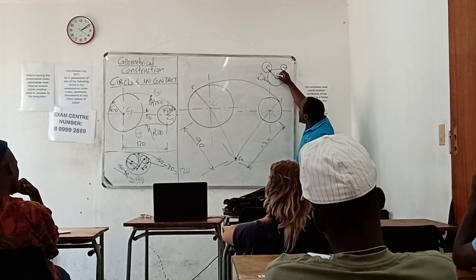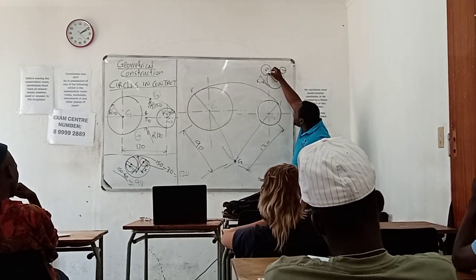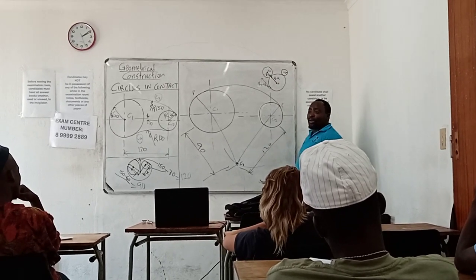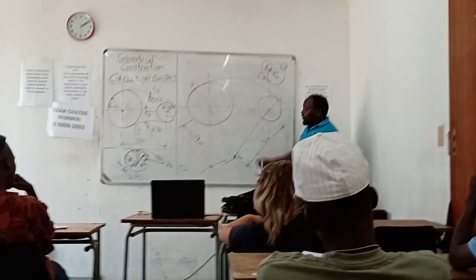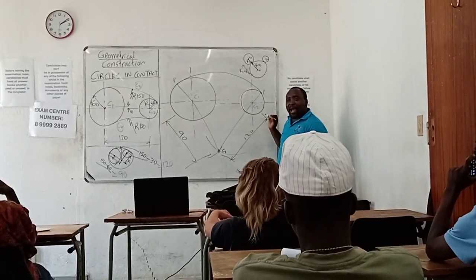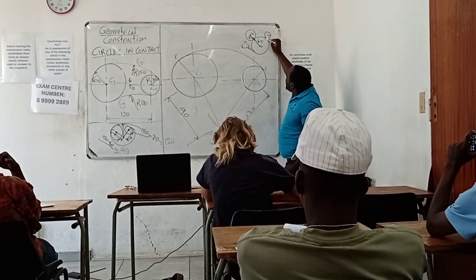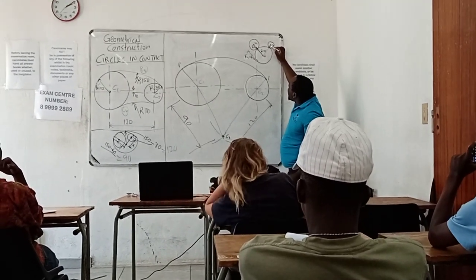If I call this radius 4, this is the radius 1. I'm adding now. Before we were subtracting, now we are doing what? Addition. Even here, I'll go there and I'll continue that distance.